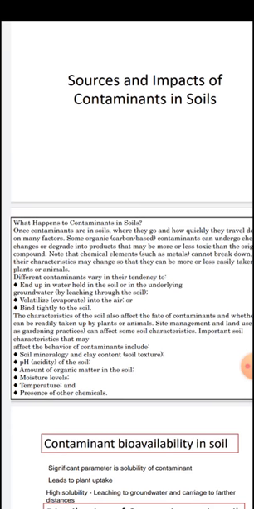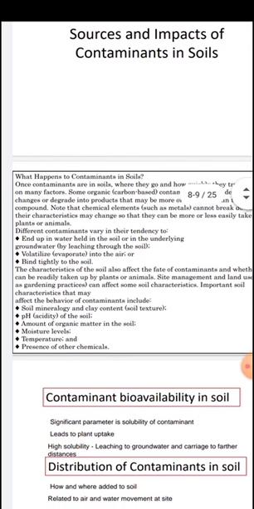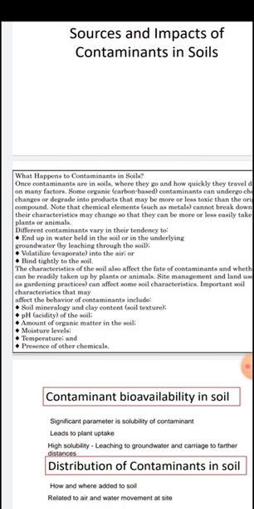These are the nature of the contaminant and then the nature of the soil, and then we are going to have some others, like the content which is already existing in soil is also very important, because in some of the cases we have already a hydroxyl group in the soil, we have already an acidic group in the soil, we might have some minerals in the soil, we might have some other heavy metals in the soil. All those are going to react with the incoming contaminant.